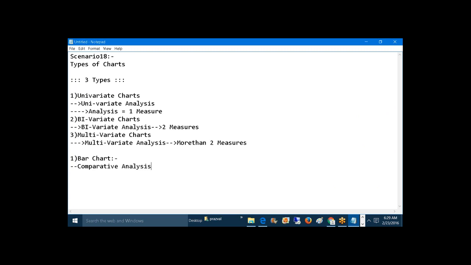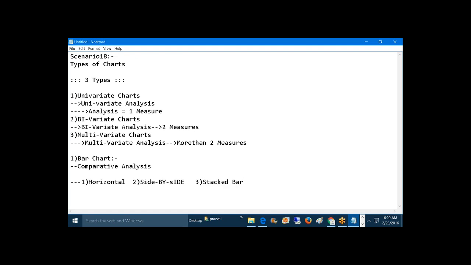In the bar chart we have three different types. Number one, horizontal bar chart. Number two, side-by-side bar chart. And number three, stacked bar chart.